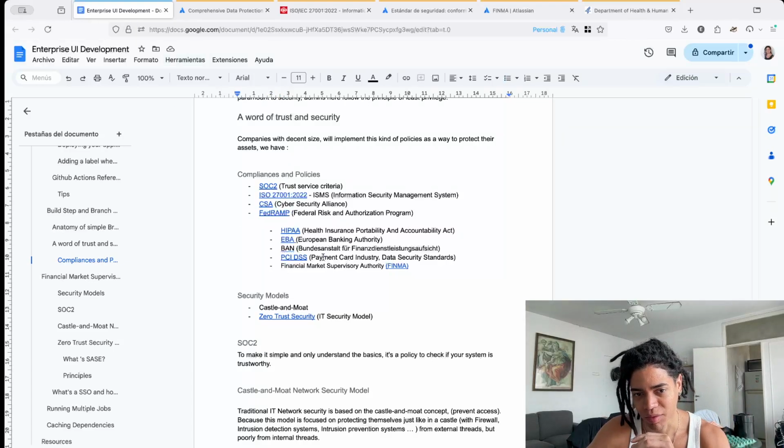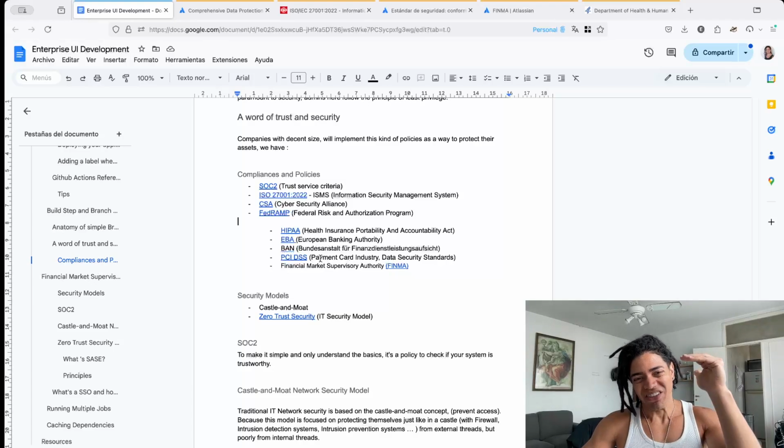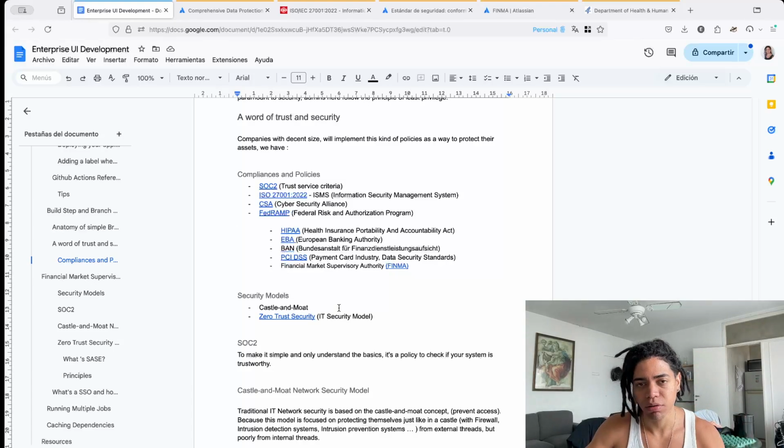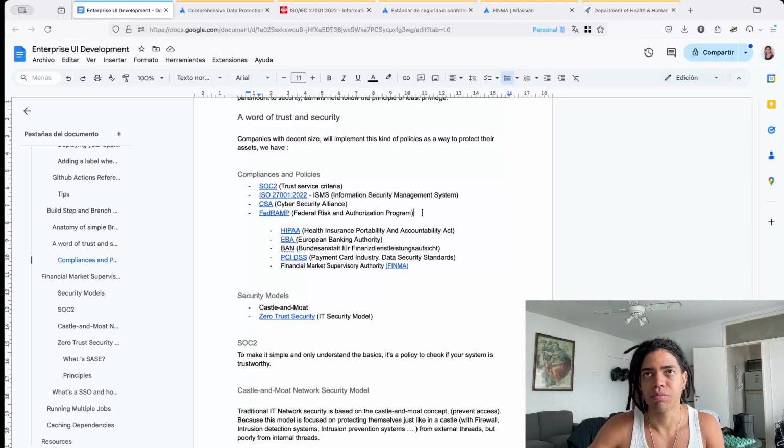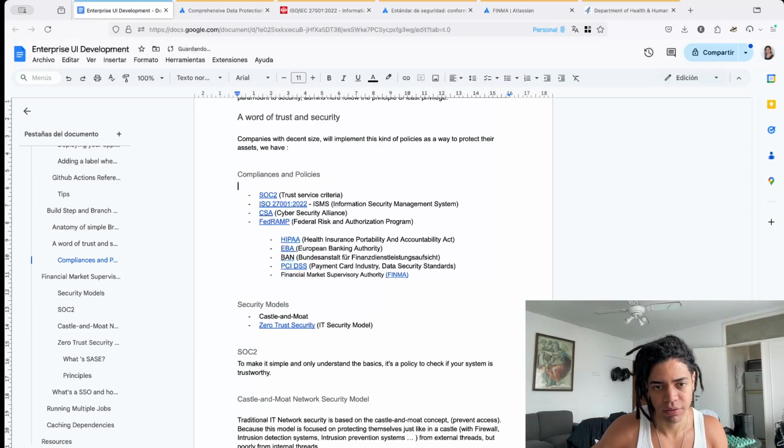So there we have several compliance and policies, especially when we are writing software for this particular use case. Most of the time, they are general or global.